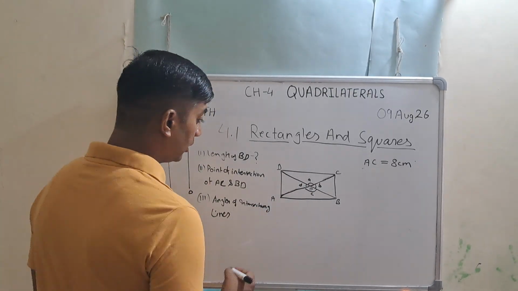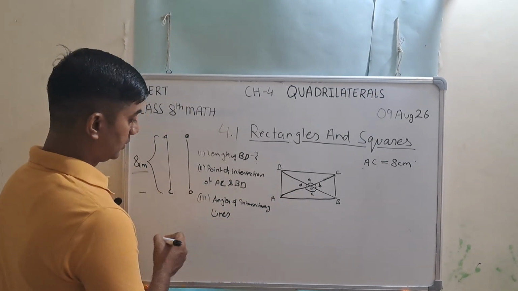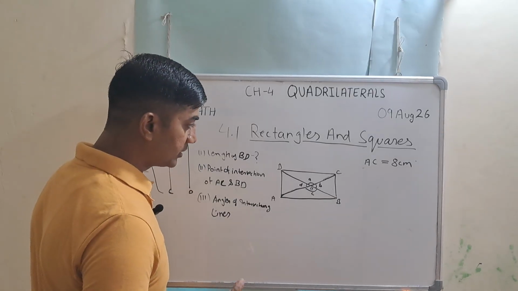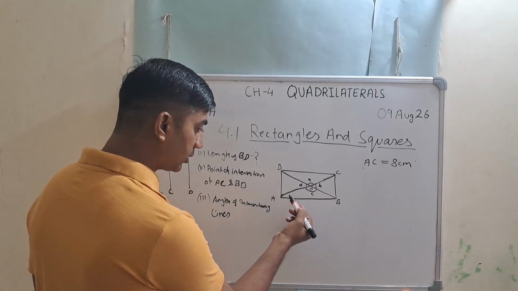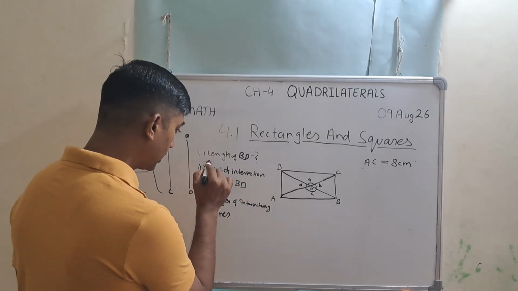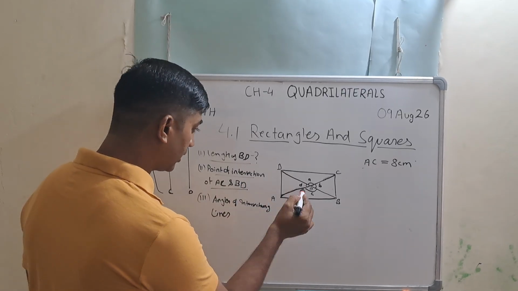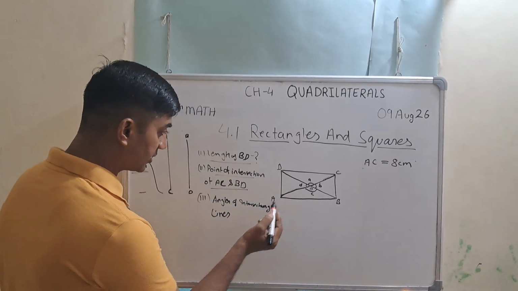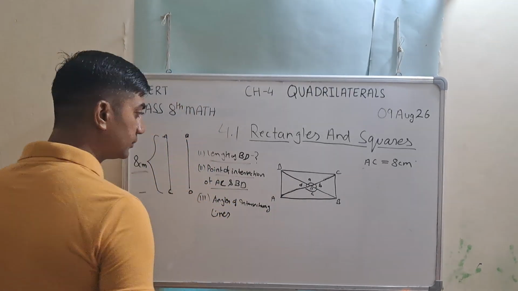Since we have learned in our previous classes 6 or 7, we will deal with these triangles which we are observing here, and we will deduce all these things: length of BD, point of intersection of AC and BD, and angles of intersecting lines. About these angles, we will deduce one by one. Understood?